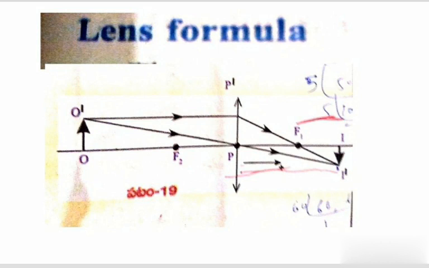Now we will discuss. Consider an object OO dash placed on the principal axis in front of a convex lens, as shown in the figure.